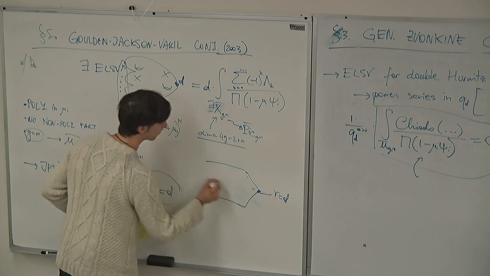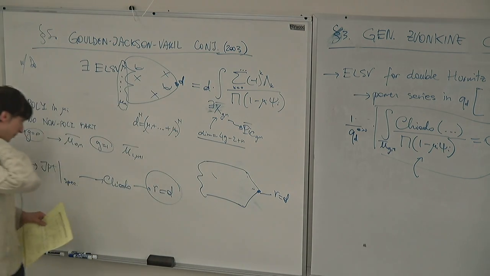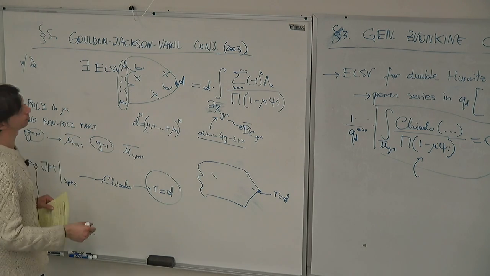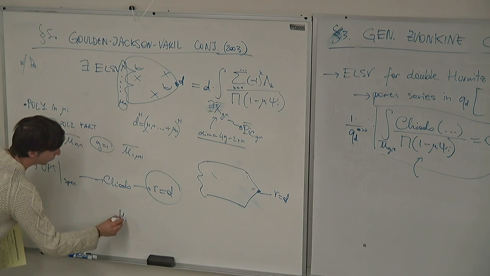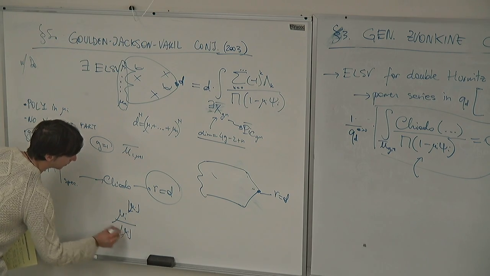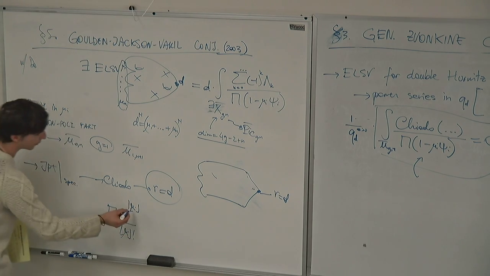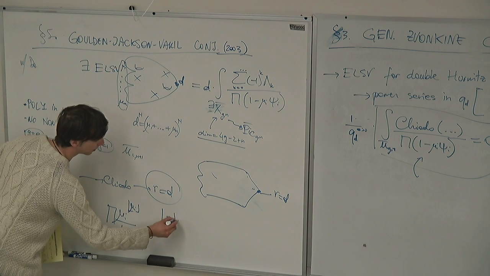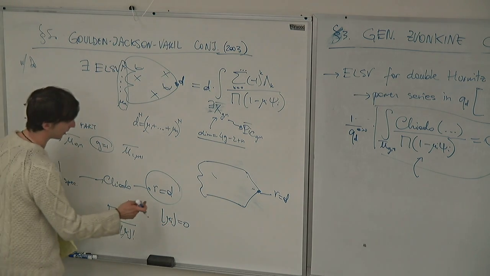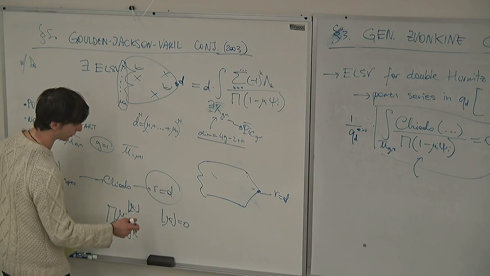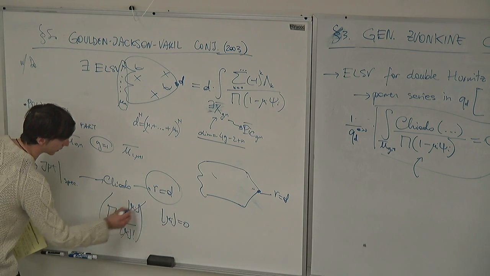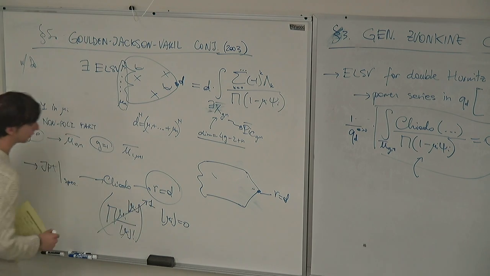So you can get some ELSV formula out of the Johnson-Pandharipande-Tseng formula, and if you look at the non-polynomial part of this, you have this product. Now this is equal to 0, because if you run the division, D is much bigger, and therefore you lose this factor. Everything is equal to 1.